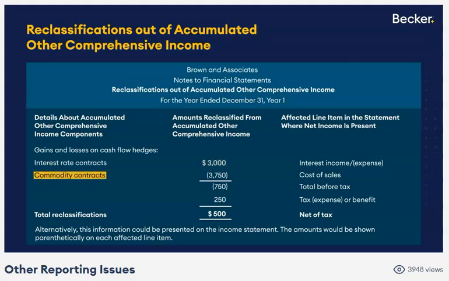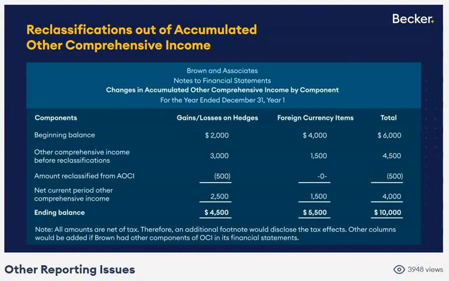We had commodity contracts for $3,750. Okay, so we net that out. That's $750. Then net of your tax effect, $250. That's where we got the 500, and that's the total that's going to be reclassified. Okay, so sometimes if the amount is significant, that 500 on the prior financial statement, which I'll put back up now, could have a separate disclosure if in fact it's significant.